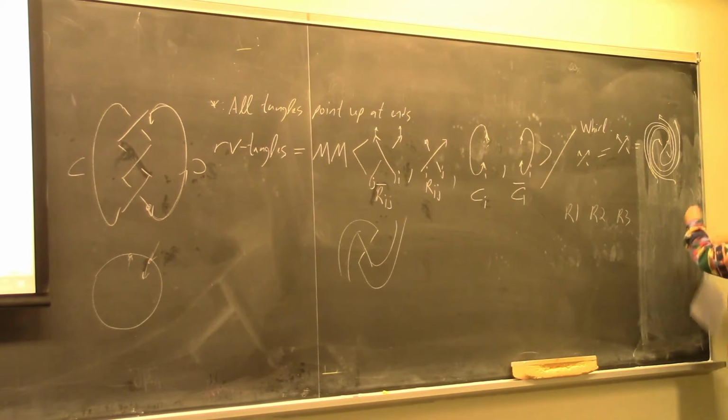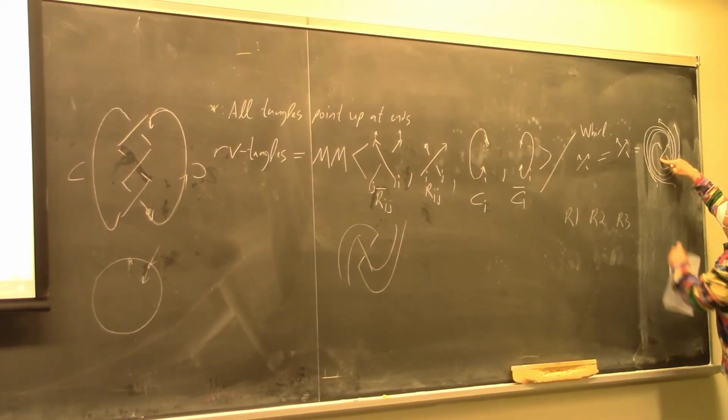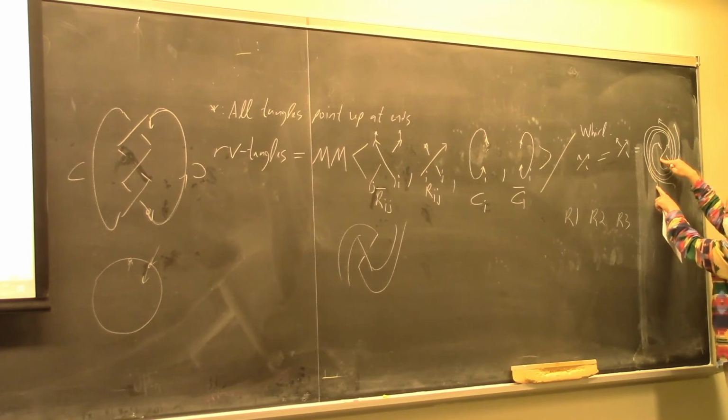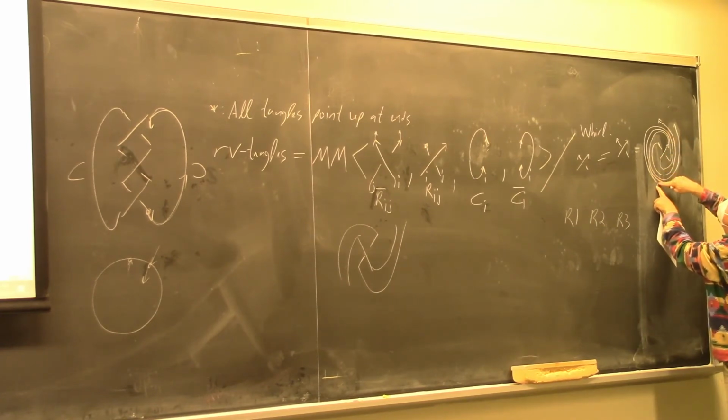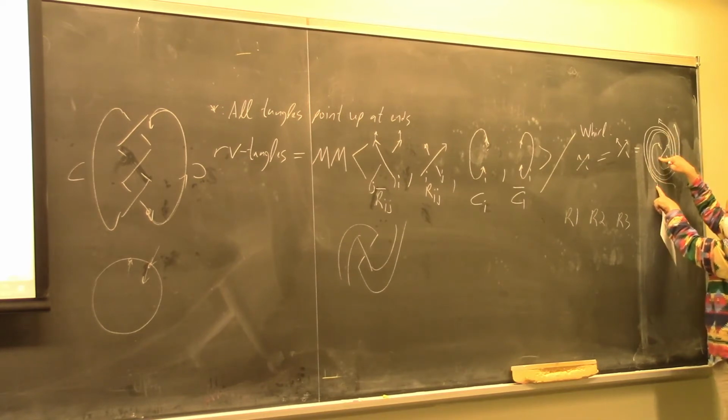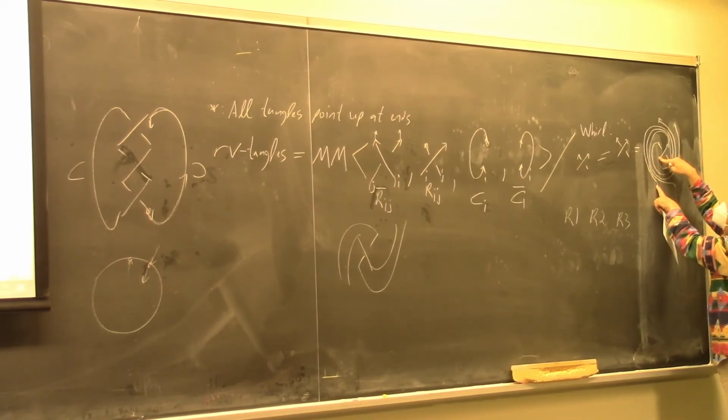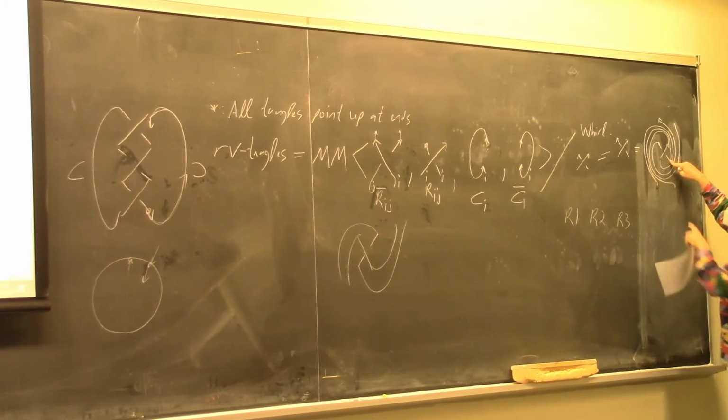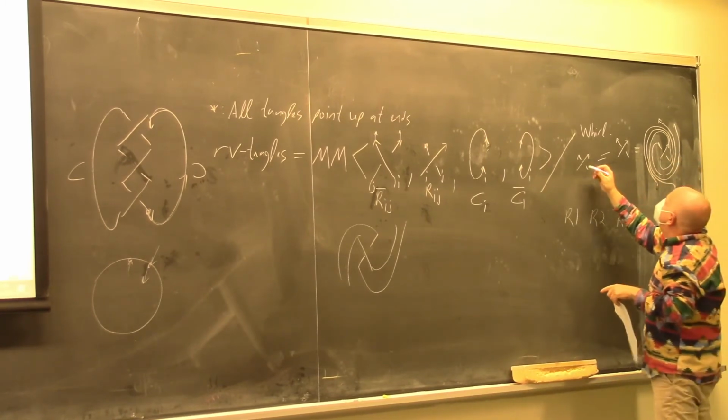So basically, if you go from here to here, what you see is, I think the letter C, no, this is a C bar. So if you go from here to here, you see a C bar. But it's easier to draw it this way.